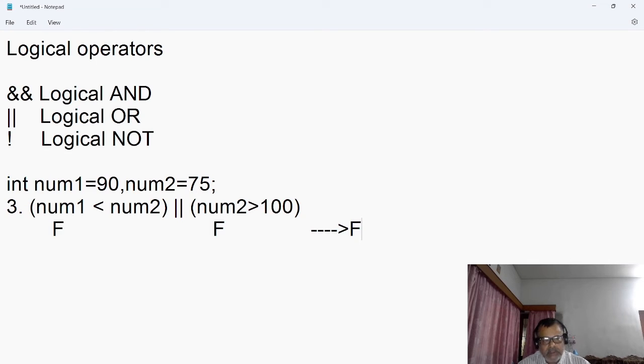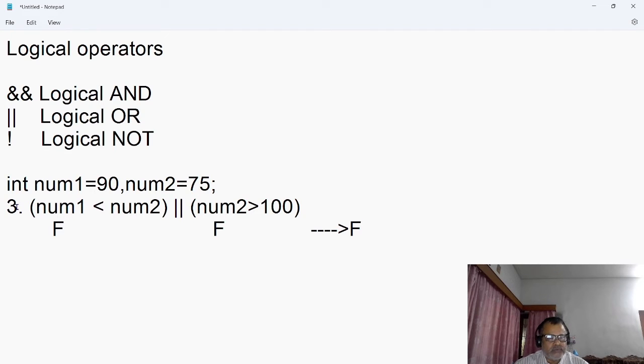It means in the logical OR operator, if both the expressions are false, you will get false. Otherwise, in all other conditions, you will get true. But in logical AND, only if both the expressions are true will you get true. Otherwise, you will get false.